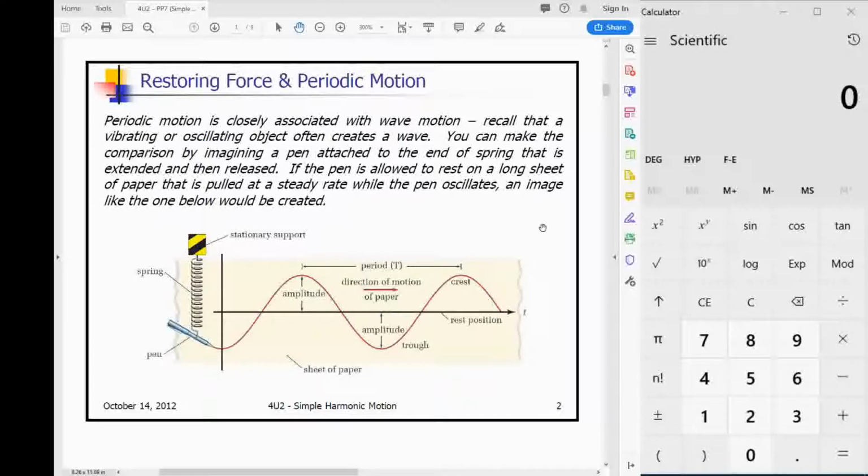So while it appears sinusoidal, and there are periods where it will be sinusoidal, there's also quite often a dying down of the motion, and we'll get into that. That's called damping, and we'll get into what that is, how it's caused, and how we define it later on in this lecture.